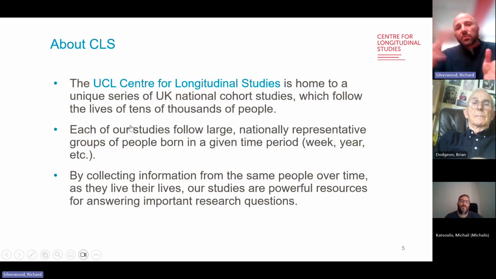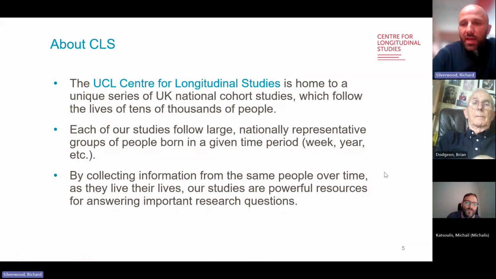Then individuals are followed up over their lives and we collect lots of information from them, usually across a variety of different areas. And by gaining this very rich source of data, we have very powerful data sets in which to address important research questions. And I should say at CLS, we conduct a lot of research ourselves, so substantive research, both using the data that we've collected as part of these national cohort studies and other data sources, but also methodological research.